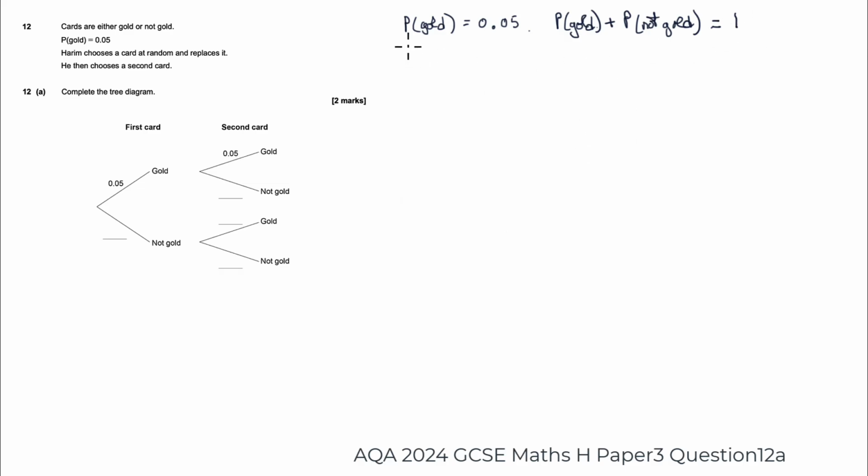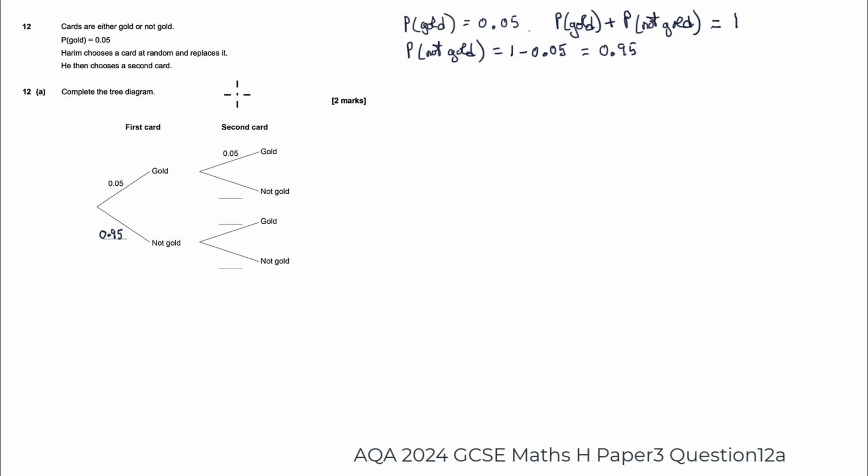And from this fact, you can see that the probability of choosing a card that's not gold would be 1 minus 0.05. And that's 0.95. So if we're asked to complete this tree diagram, he chooses at random a first card. Gold, we're told, is 0.05 for the probability. Not gold would be 0.95. Now, he replaces it. That's vital. He chooses a second card.